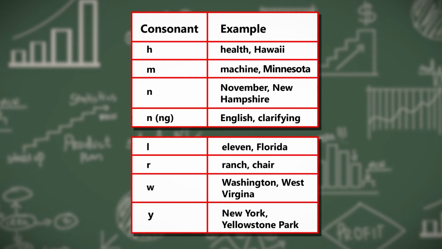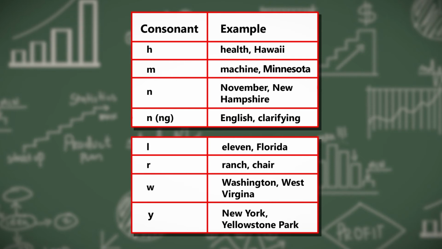This table shows the list of the other English consonants. Consonant H. Example: health, Hawaii. Consonant M. Example: machine, Minnesota. Consonant N. Examples: November, New Hampshire. Consonant NG.